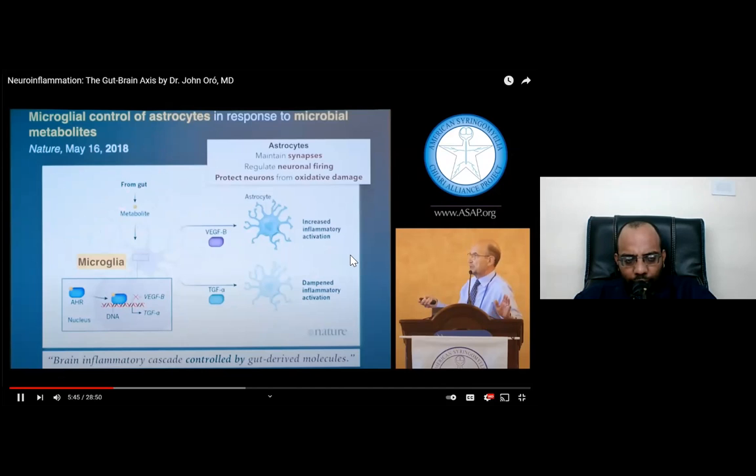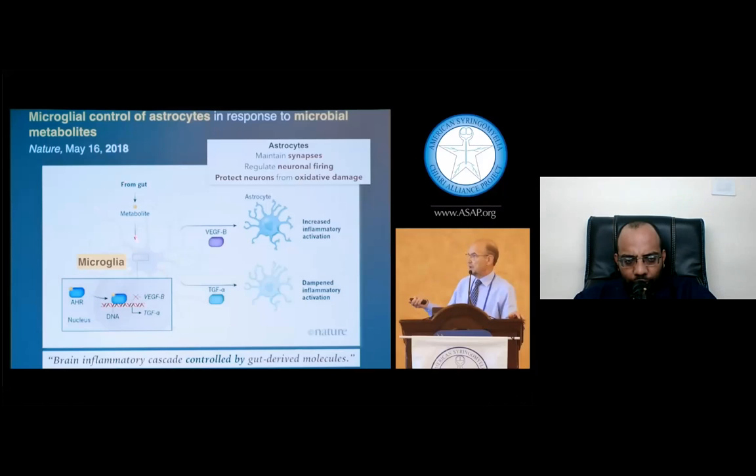From the gut, the bacteria create various metabolites. That's a general term. We should learn that. Metabolites can affect our immune cells of the nervous system. They're called microglia. They're actually quite small, but they've been drawn large here.